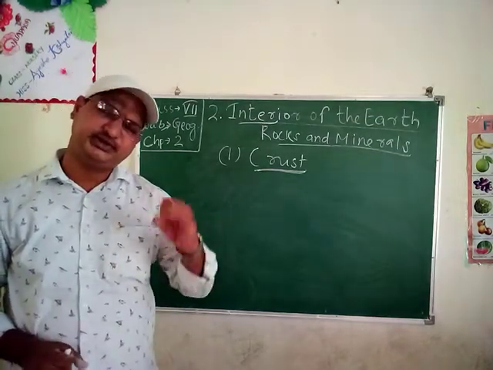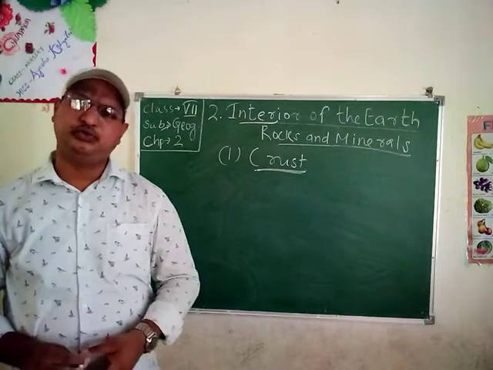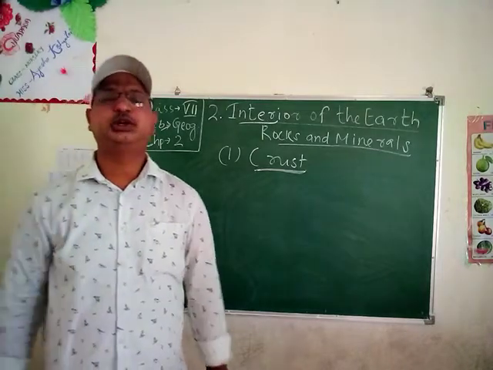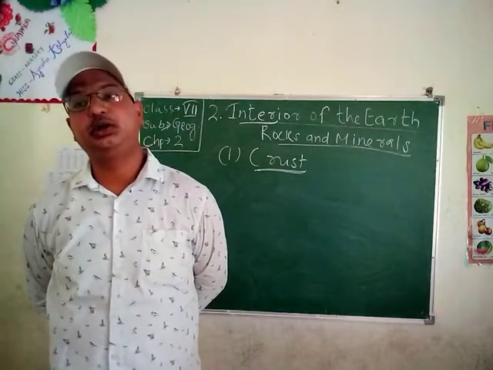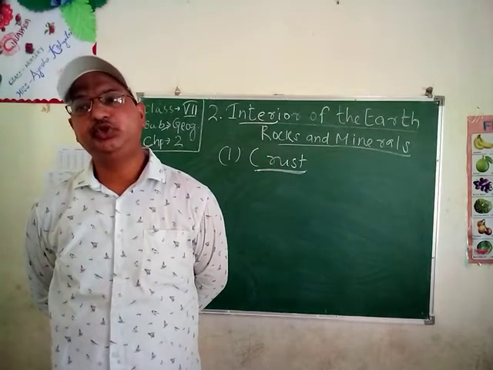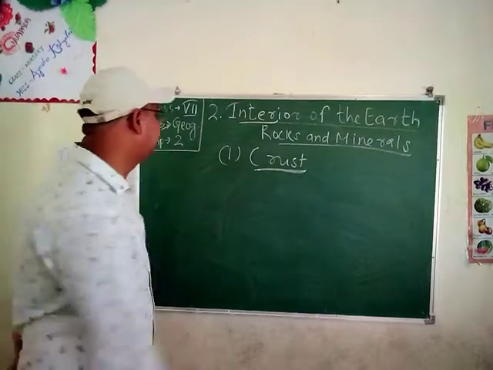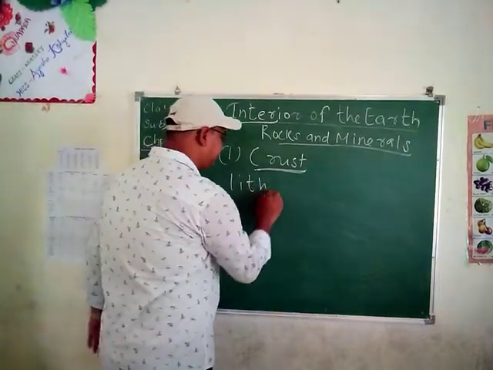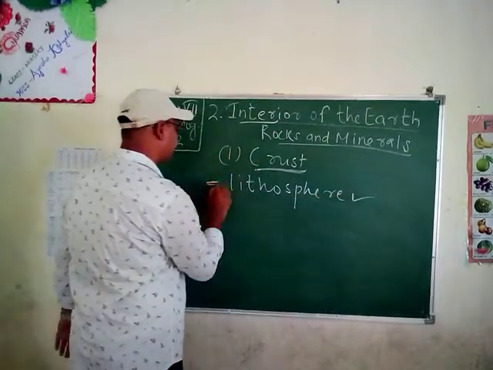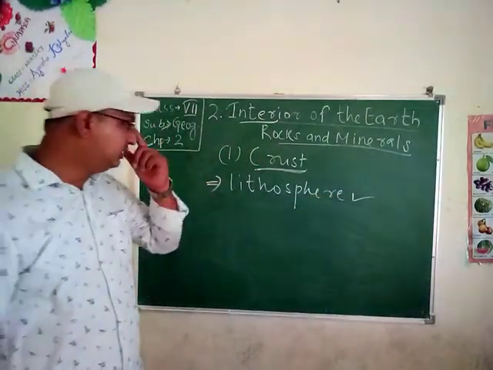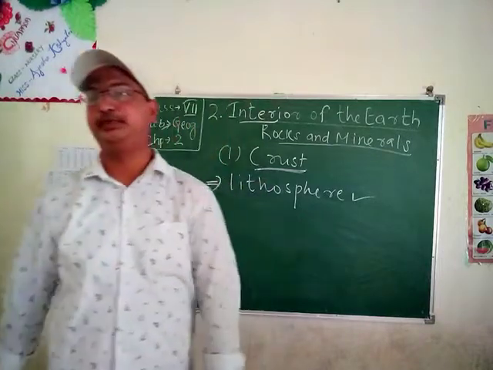The first one is crust, the second is mantle, the third is core. So what is the crust all about? The outermost solid part of the earth is called the crust. It is also known as the lithosphere. Students, remember one thing, lithosphere. The first most important thing, the crust is also known as the lithosphere.